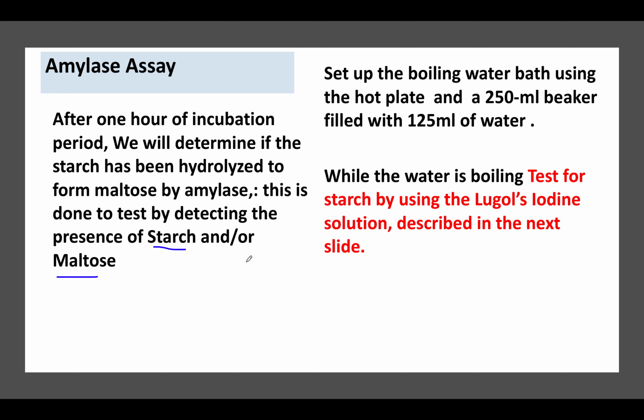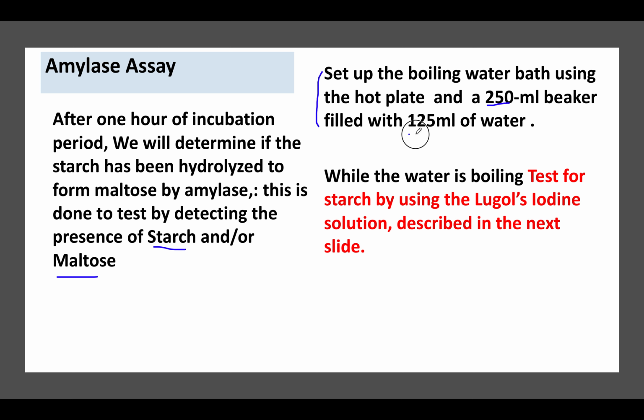Okay, so to do that, we need to do 2 experiments. One of them is to check for maltose, the other to check for starch. To check for maltose, we have to do the Benedict test. And for that, we need to, again, boil the water in the 250 ml beaker.